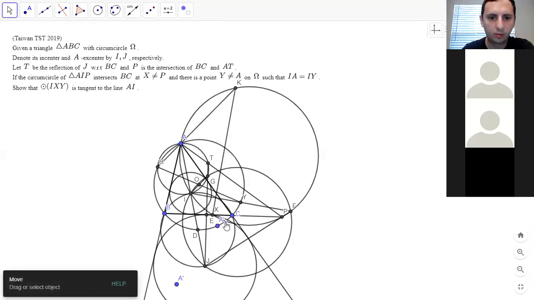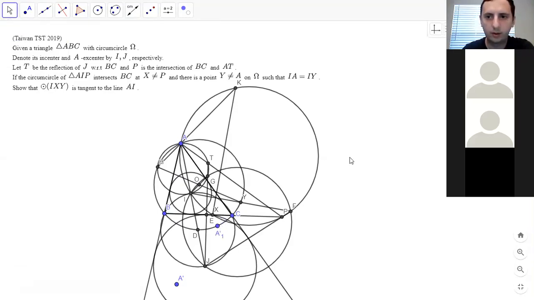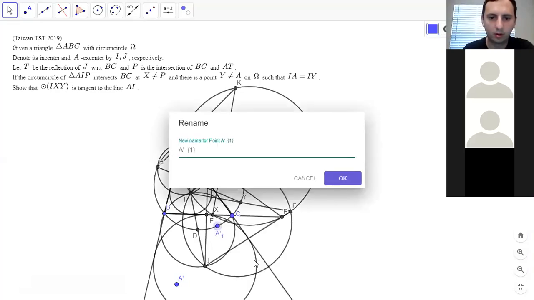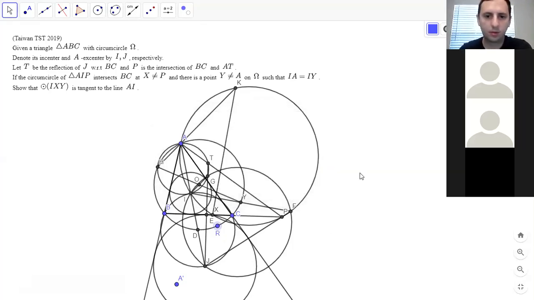Okay. So then once we know, I'll call this, let's say R. So basically ADR would be... Can you name the midpoint of AA prime?